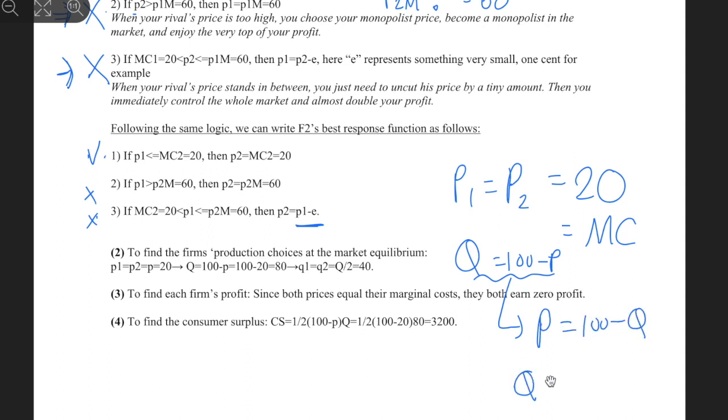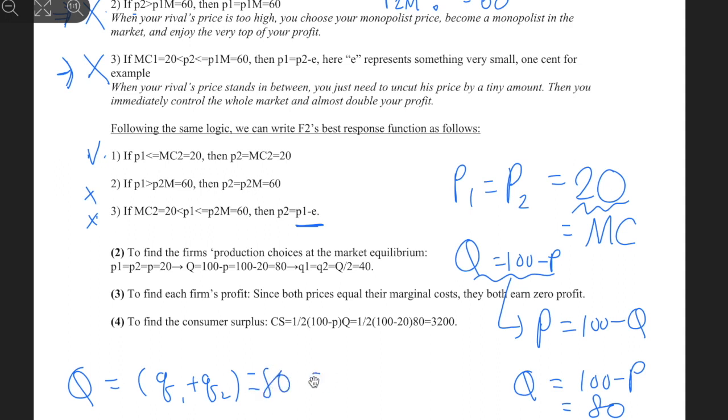So Q equals 100 minus P. Since we got the P of 20, we got the Q was 80, right? And what is this Q? Again, this is Q1 plus Q2, that is 80. So for each farm, Q1 and Q2, they each get 40 and 40, right?